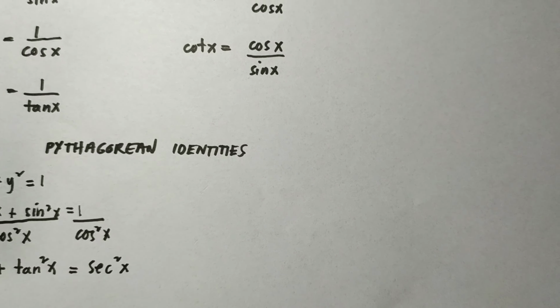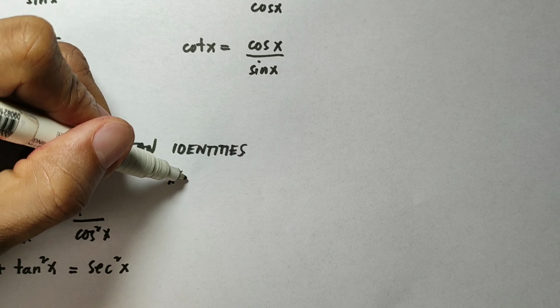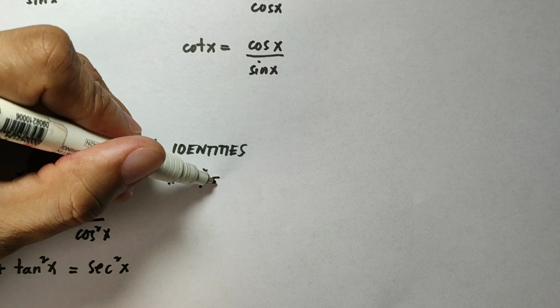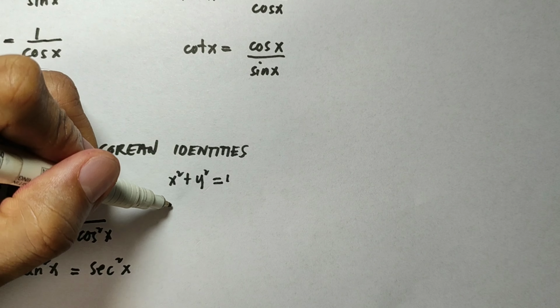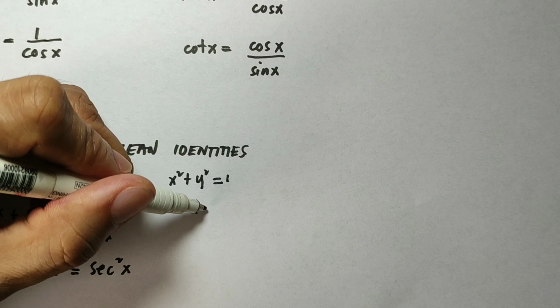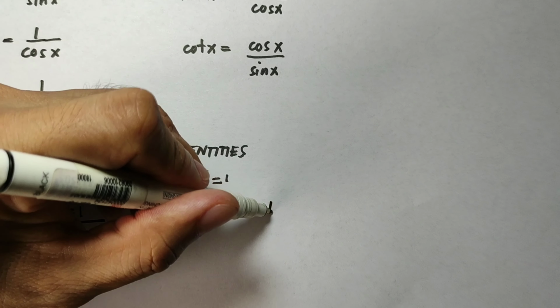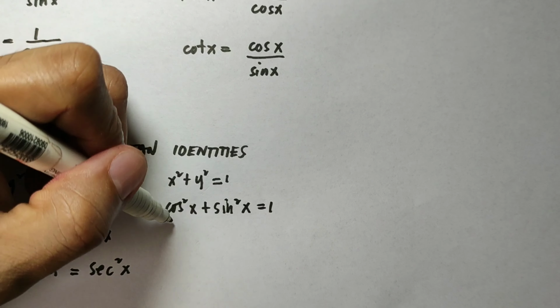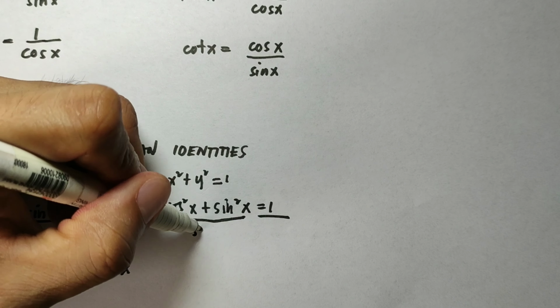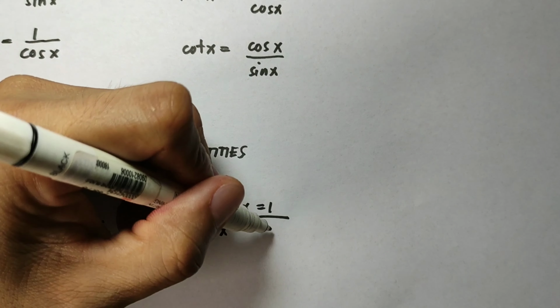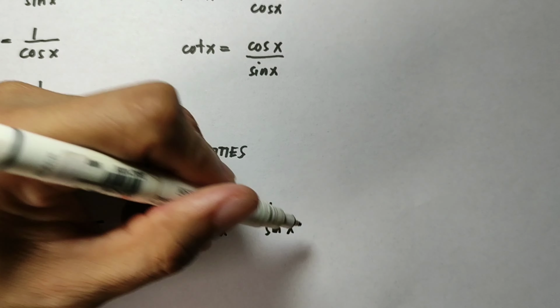Another thing, from x squared plus y squared equals 1, that will become cosine squared x plus sine squared x equals 1. We can divide this also by sine squared x.